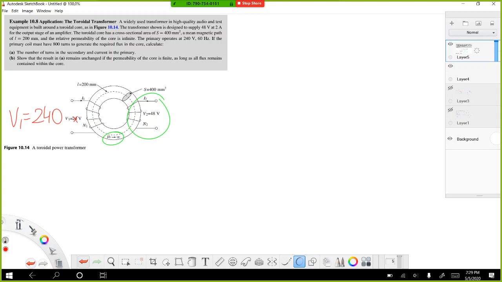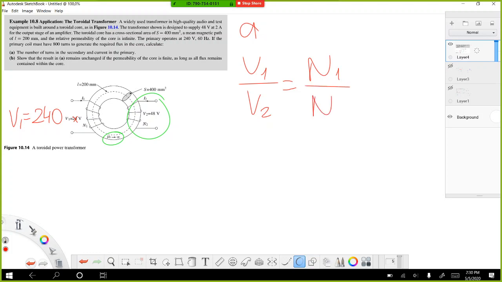So let's first switch to question A. From the problem, we know that we can assume our transformer as an ideal transformer because the permeability of our core is infinite. For the ideal transformer, we have the ratio which says V1 over V2 equals N1 over N2.